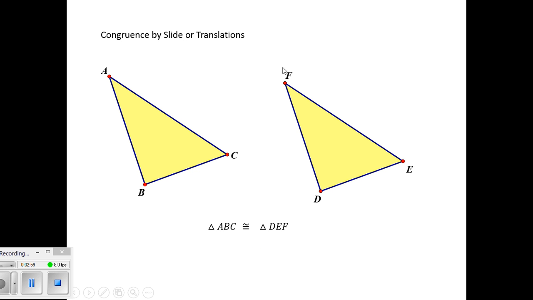It looks like I should have labeled that a little better, and we'll show you that momentarily. But this is the slide. I'm sliding along a line from B to D. The one polygon slides to the other. That's a translation, or a slide.